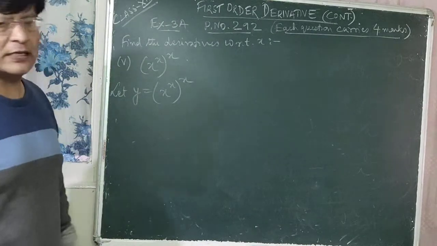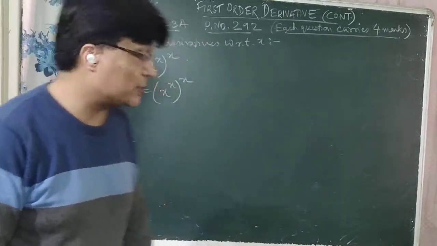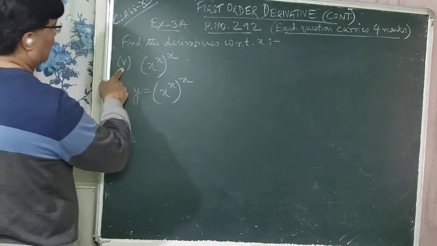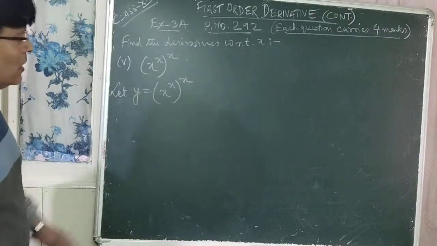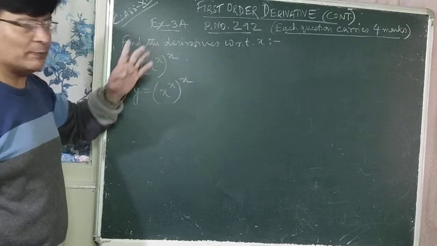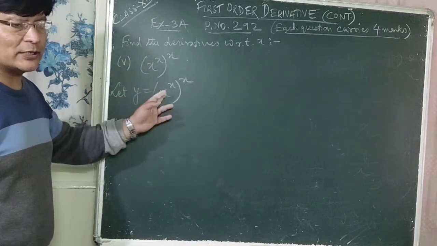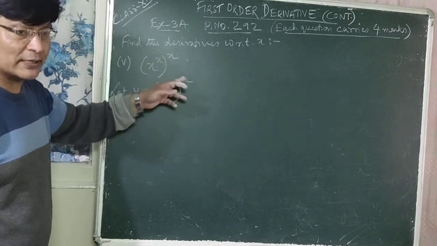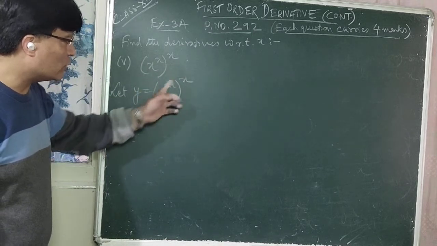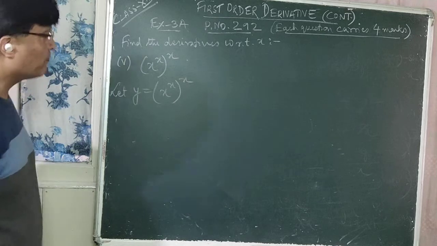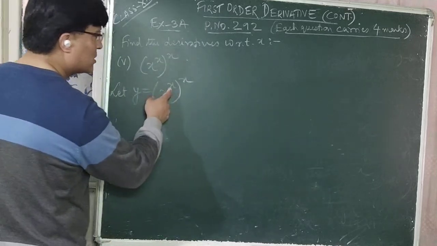That is, find the derivatives with respect to x. That is question number 5. x to the power x whole to the power x is there. So let us assume y is equal to x to the power x whole to the power x. Can you simplify it? What happens to these powers x and x?